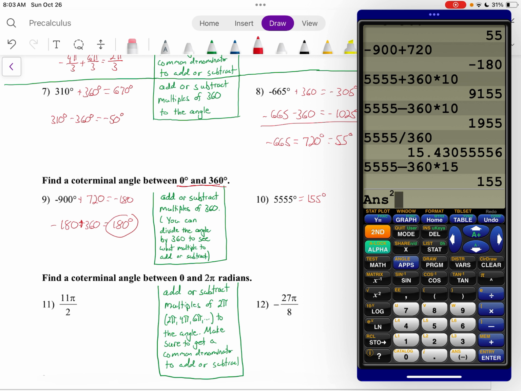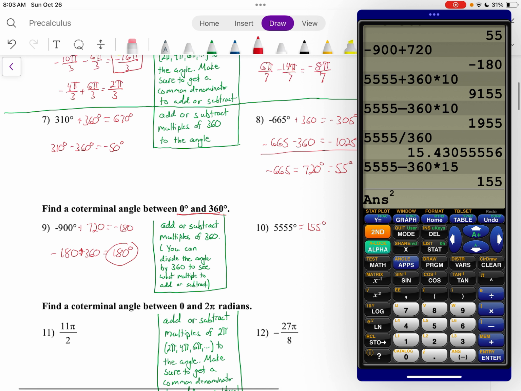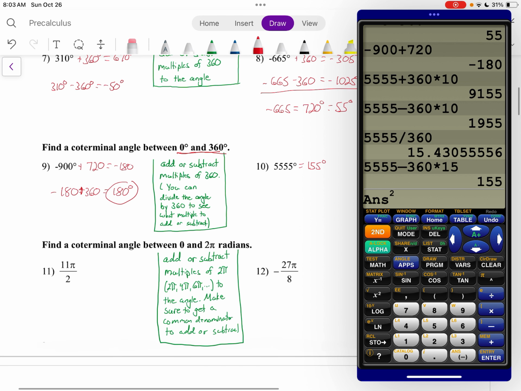Number 11 and 12, similar to 5 and 6. So we're going to add or subtract multiples of 2 pi. In my mind, I'm thinking of this in terms of a mixed number. This is 5.5 pi.